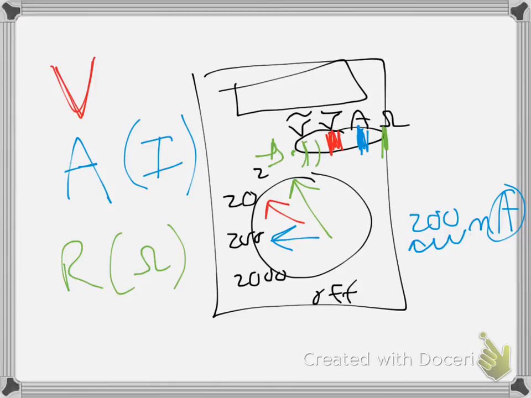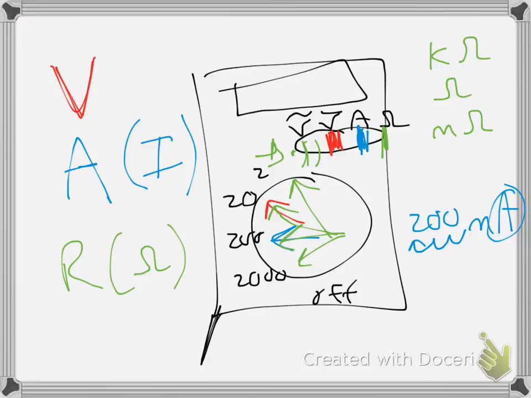You have kiloohms, regular ohms, and milliohms, so you have to really be mindful of where you have your dial set so that your decimal isn't in the wrong place. So that's how you use your multimeter.